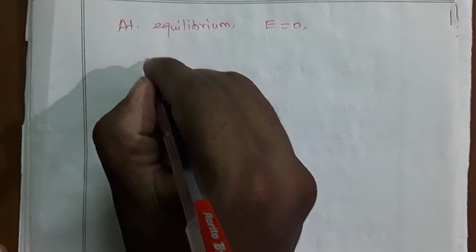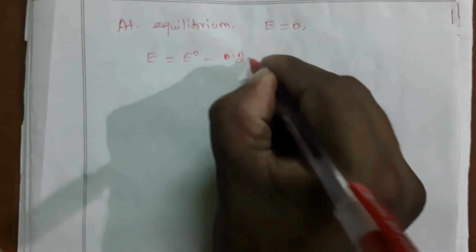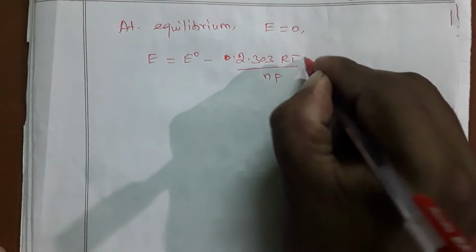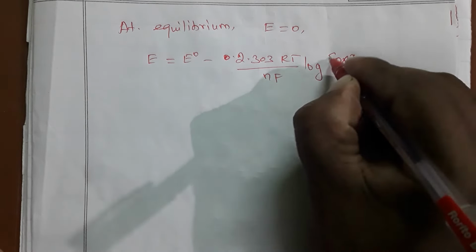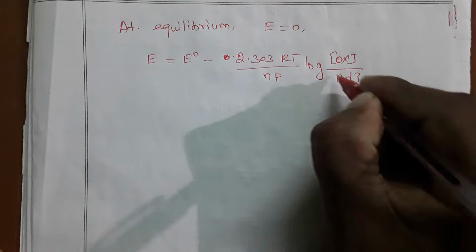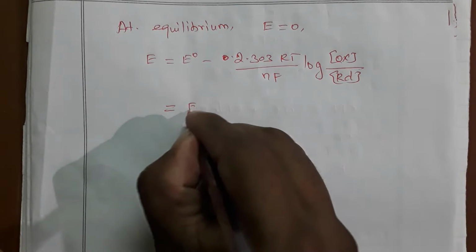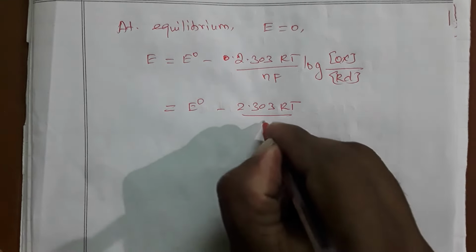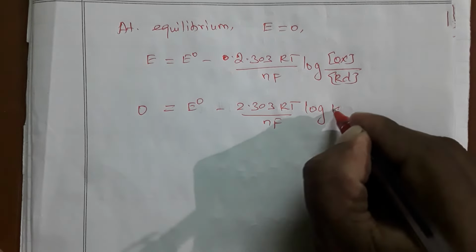Then substitute in the above equation: E is equal to E naught minus 2.303 RT by nF log of oxidized by reduced. At equilibrium we take this oxidized by reduced as K. So 0 is equal to E naught minus 2.303 RT by nF log of Kc.